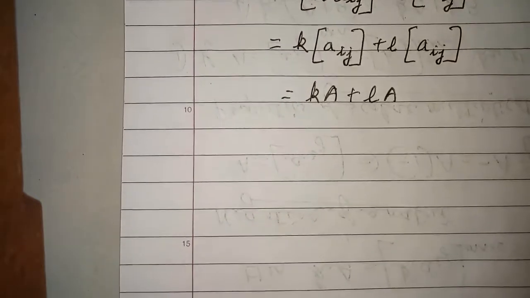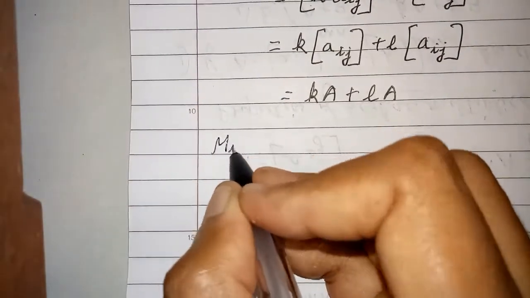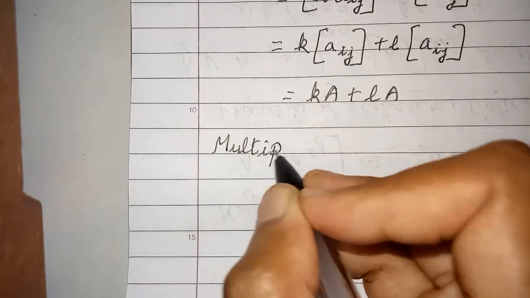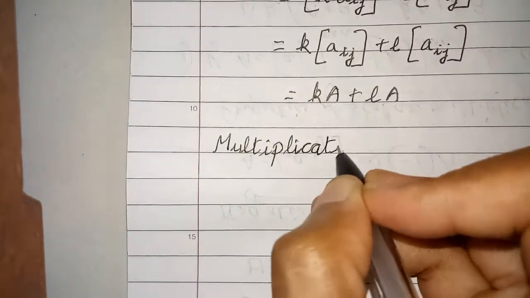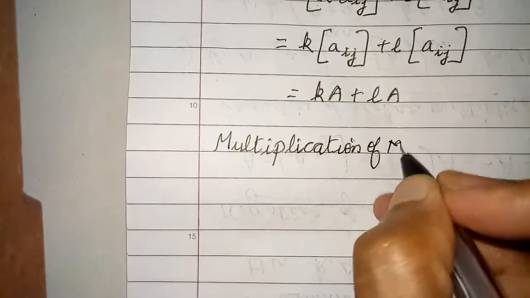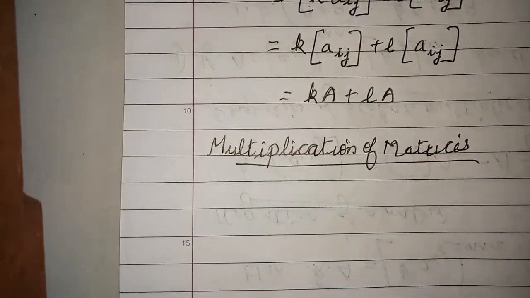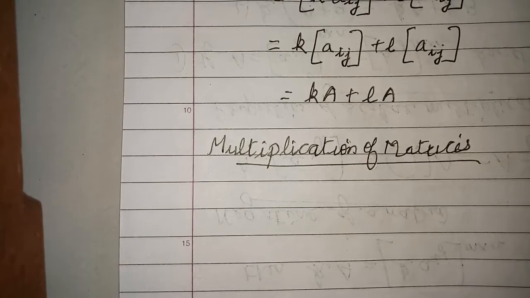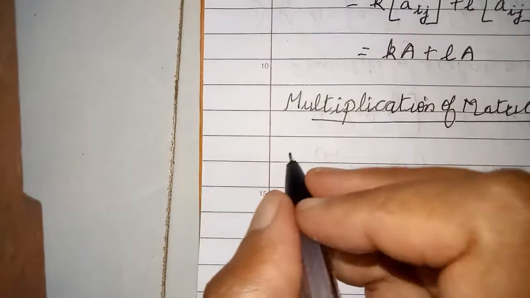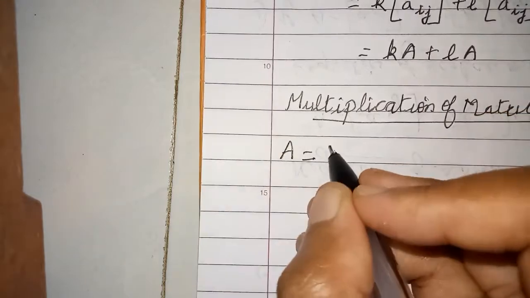Now comes the most important topic, a very important part of this: the next operation is multiplication of matrices. We learned addition of matrices, multiplication of a matrix by a scalar, properties of matrices under addition, and properties under multiplication. Now we are going to learn multiplication of matrices. Multiplication of matrices means minimum two.